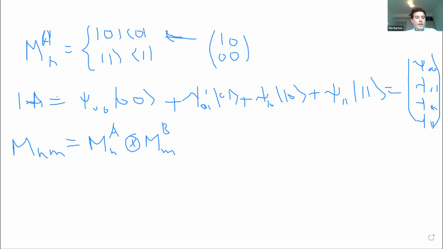So you have the tensor product of two of these measurement operators. Each of these is a 2x2 matrix, right? And when you take the tensor product of these two things, then you will end up with a 4x4 matrix, right?